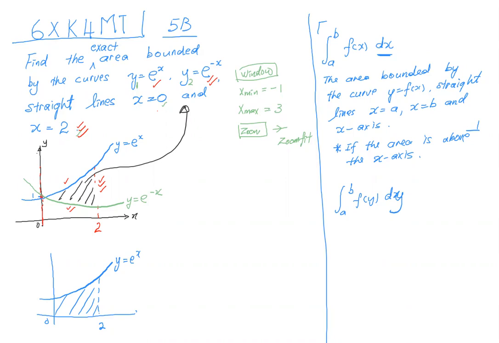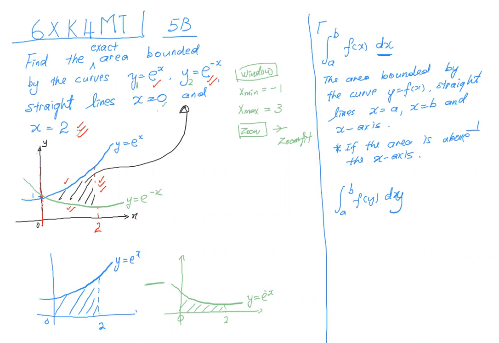That means I need to take away this, your y equal to e to the power negative x, am I right? And here is the 2. Can you find the green area? You can, am I right?